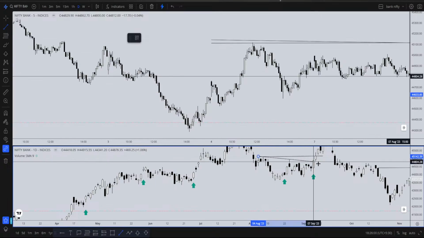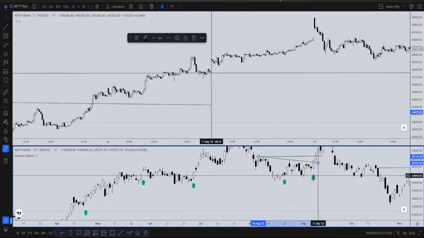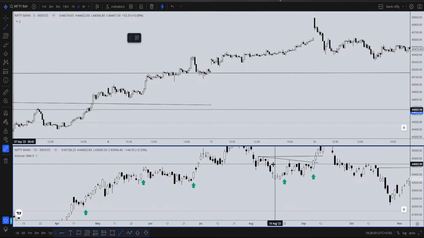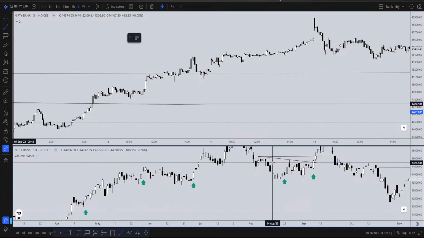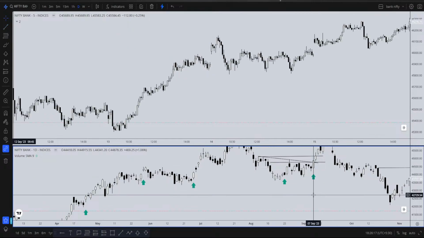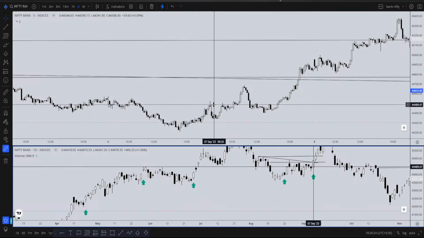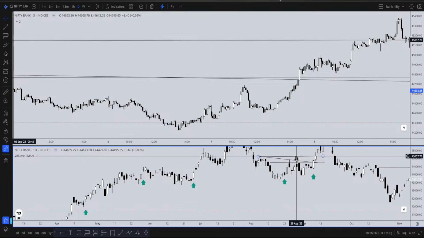Will the price range be drawn like this or like that, or in fact will the range be somewhere around here? So let's see what is happening. Price is continuously closing strongly.